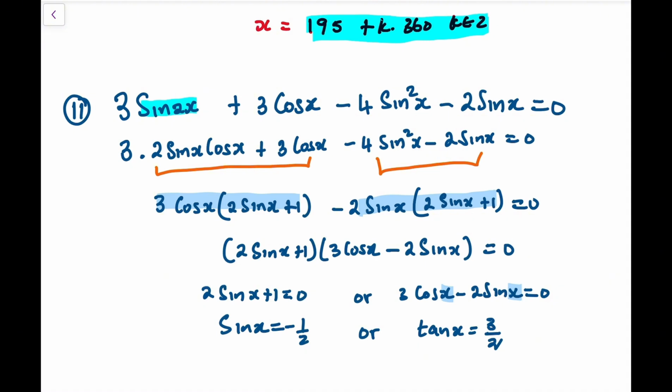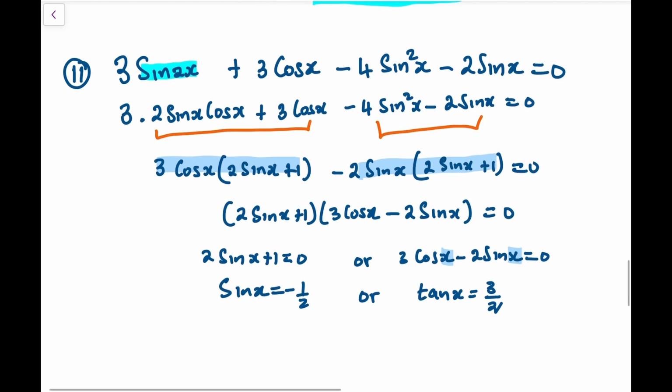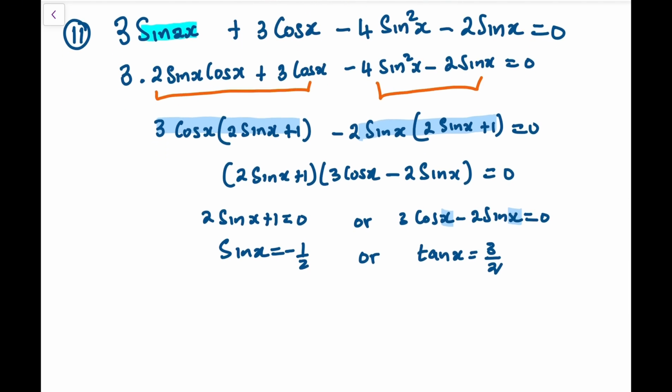Remember, sin x over cos x is the same as tan x. And then transposed 3, and then I divided by negative 2, and then I got tan x is equal to 3 over 2. Now, remember, for sine, we have 2 solutions. So here we are going to have x is equal to the arc sine of minus 1 over 2.